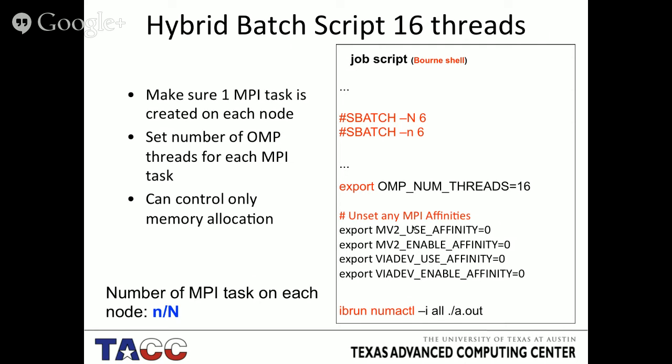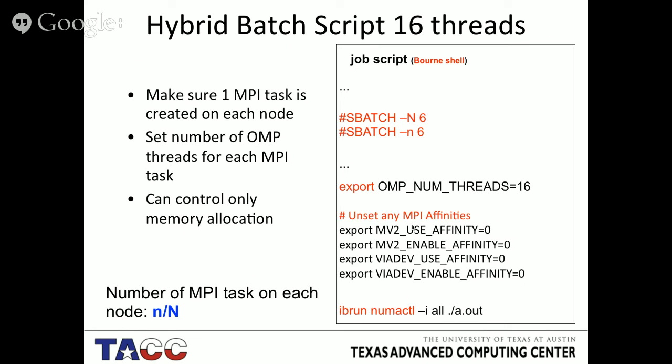MPI does this in the background. Once you get going someplace, it will sometimes assign a task to a particular core, not a socket. You know, it'll assign it to a core. And now when you run your OpenMP underneath and you say, I want 16 threads, those 16 threads are going to run on 1 core. And so, instead of your code running 16 times faster, it's going to be running really slow.